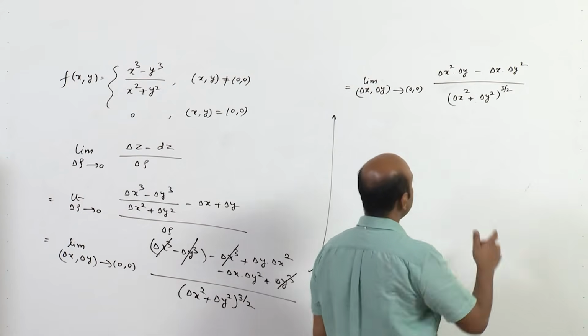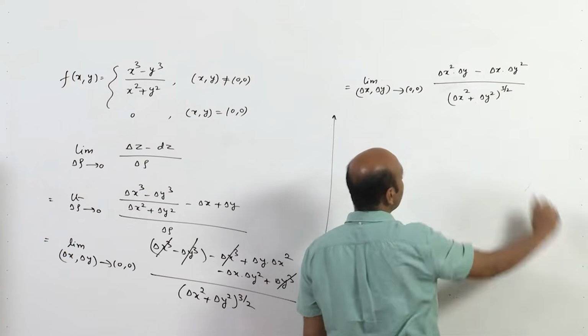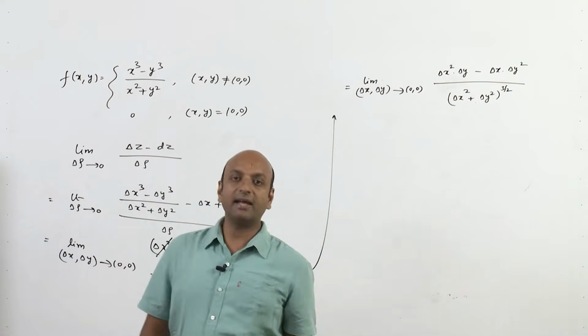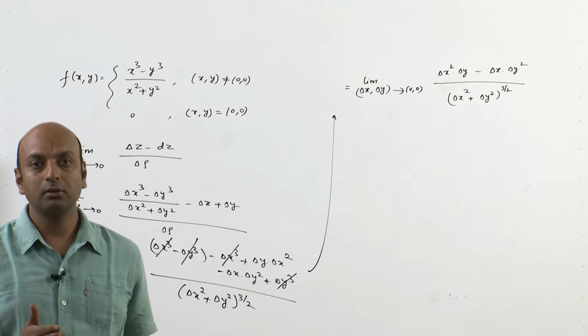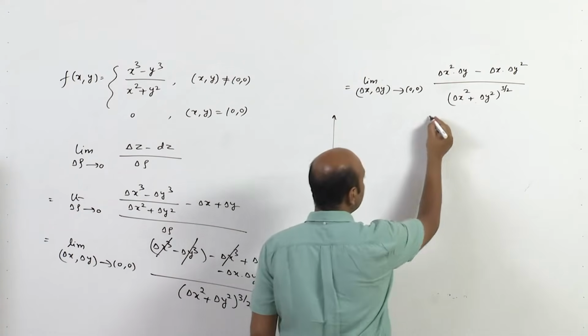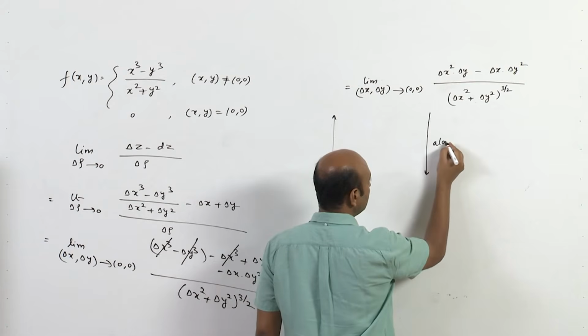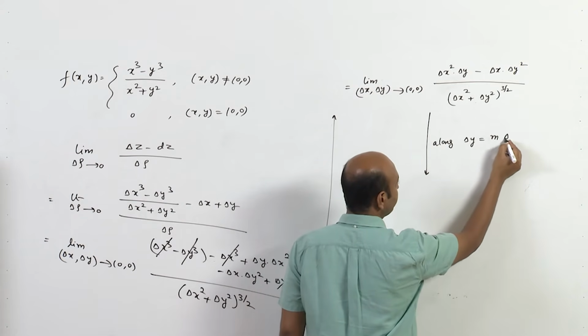So, you can easily see that the power of the numerator is 3, okay, and the power of the denominator is also 3. So, if we take a linear path, it will come out to be dependent on m, the parameter m. So, move along delta y equals m delta x.